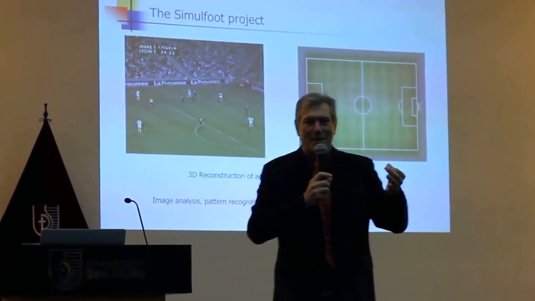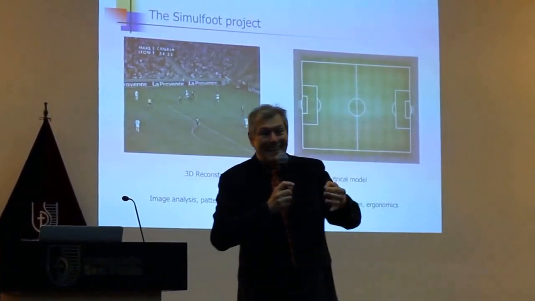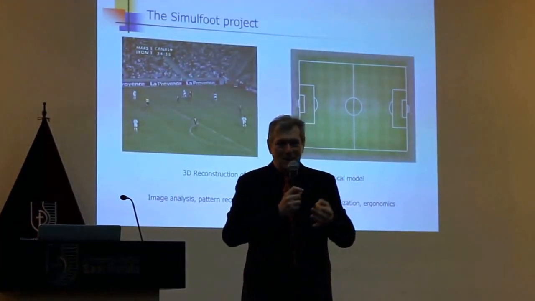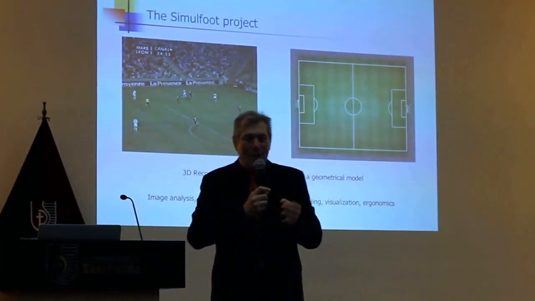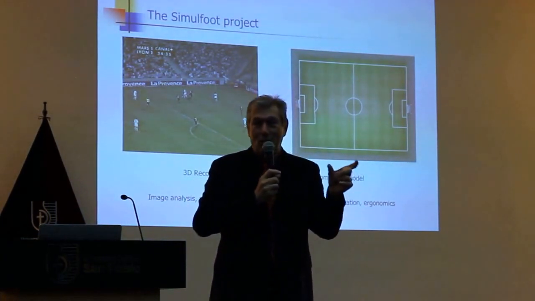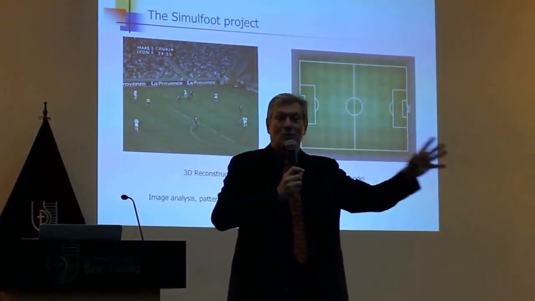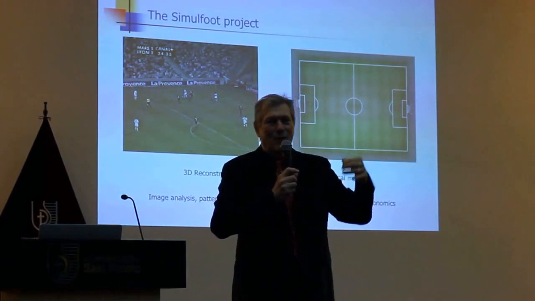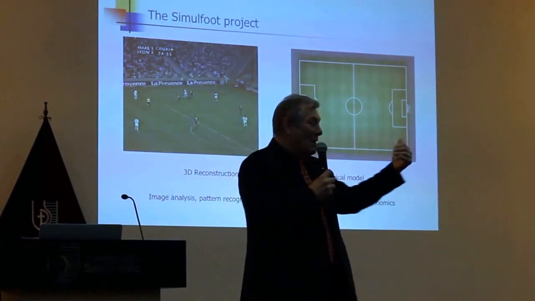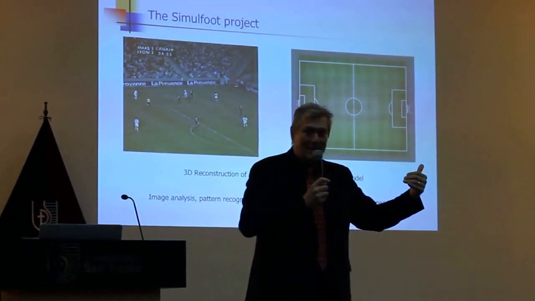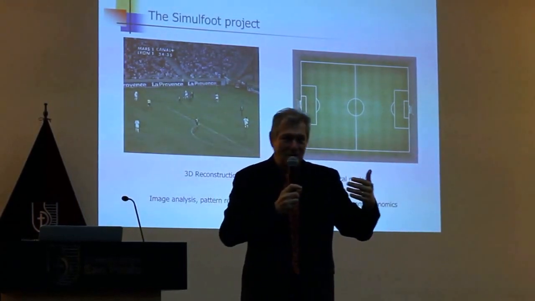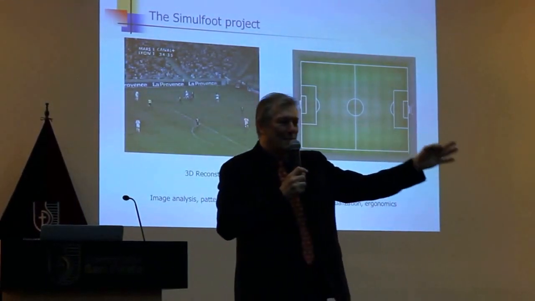So we have some landmarks we know. We have to detect some landmarks in the image. And then when we have enough pairs of landmarks, we can make the transformation. And once we have detected the players on the image, by using this transformation, we can put them in the model.